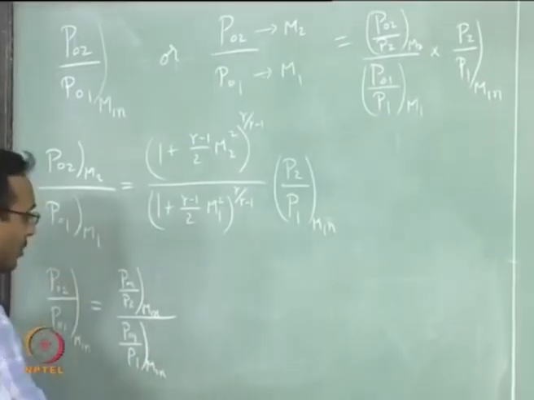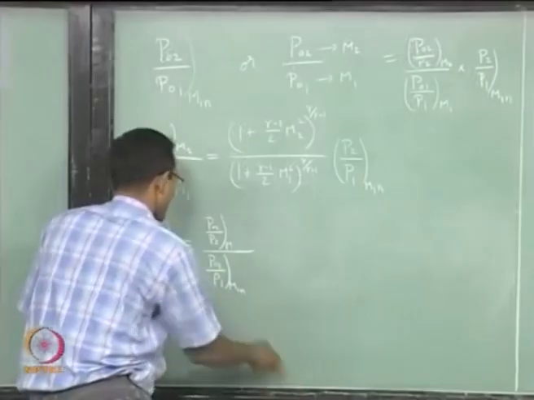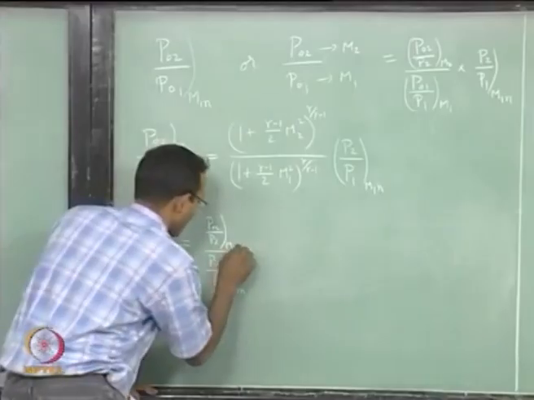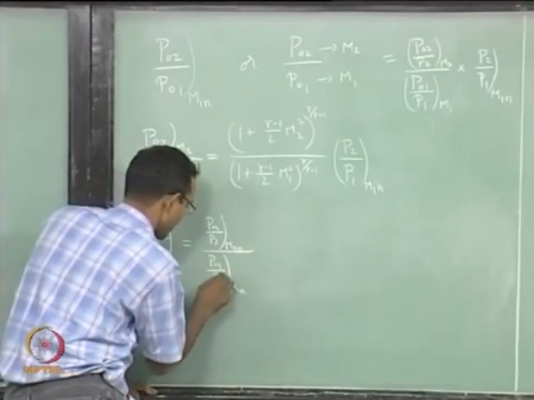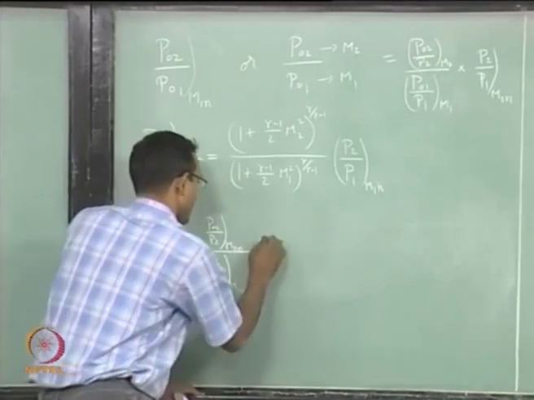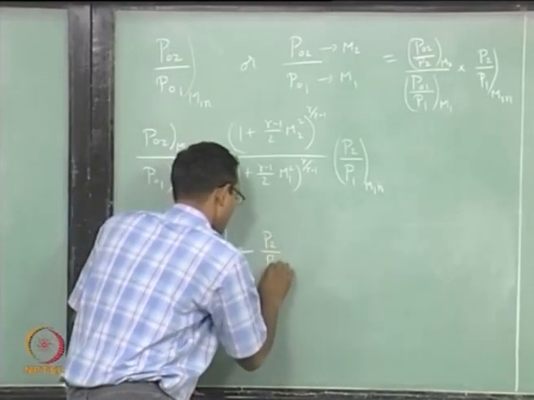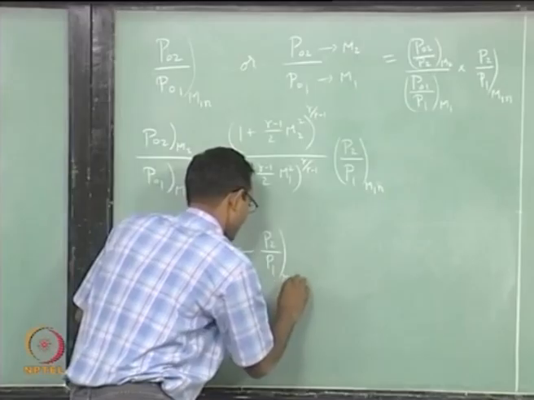Oh, that should be M2 normal, by the way. P02 by P2 is from M2 normal and P01 by P1 is from M1 normal, multiplied by P2 by P1 from M1 normal.